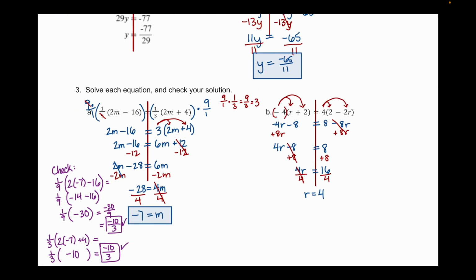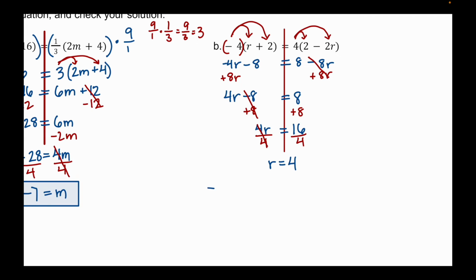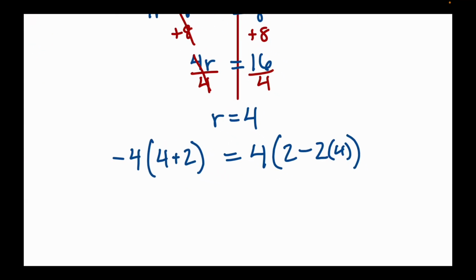Now, this will be a little easier to check. I can just plug everything in. So -4 times, instead of r, we're going to put 4 plus 2. And we want to know, is that equal to 4 times 2 minus 2 times 4? So left side might be a little easier here. -4 times 6.